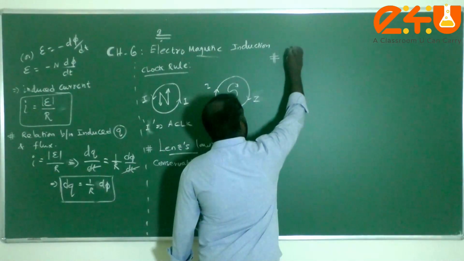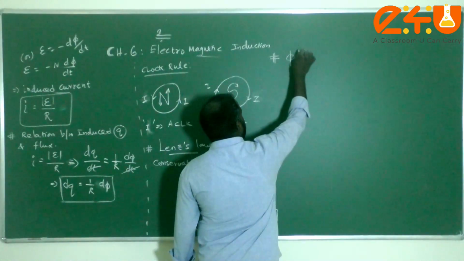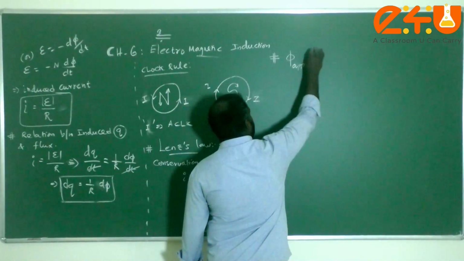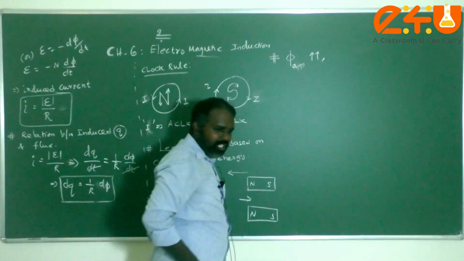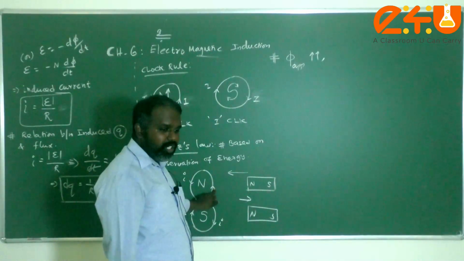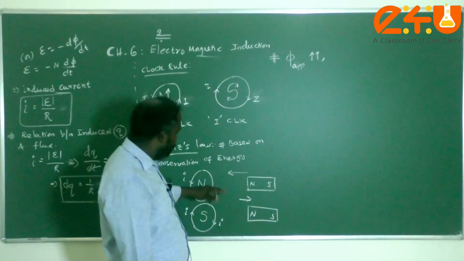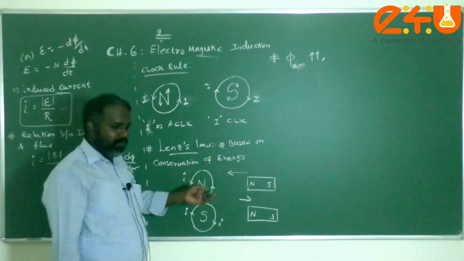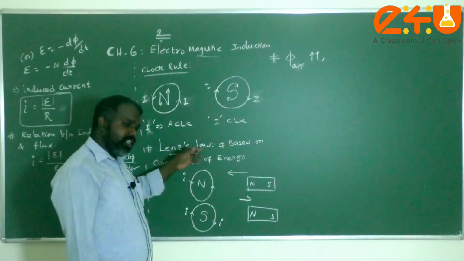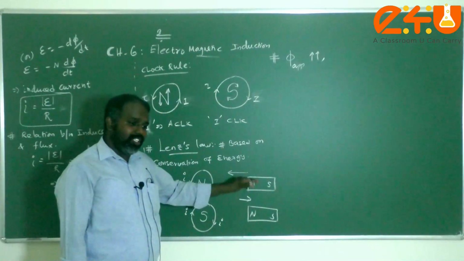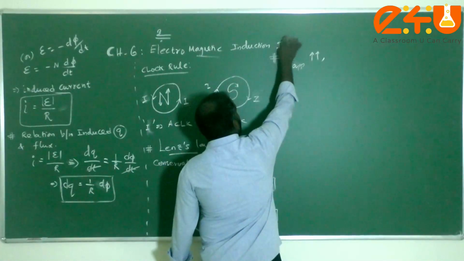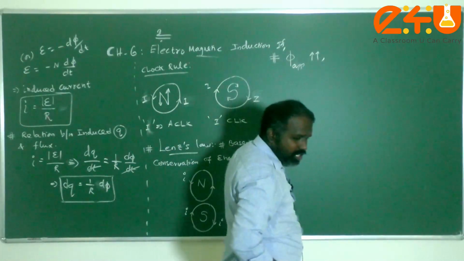If the applied magnetic flux increases, then the induced field should oppose it, because when the applied magnetic flux increases, the induced current value will increase in the loop. What Lenz's law says is that this induced current should oppose the change in magnetic flux.